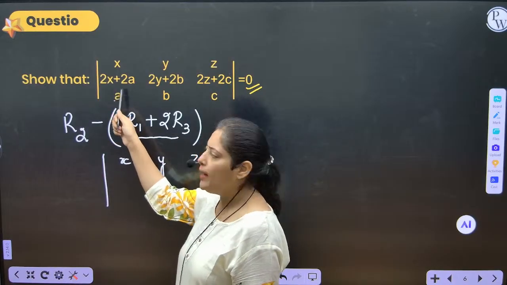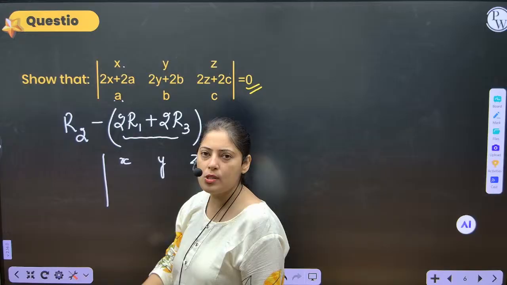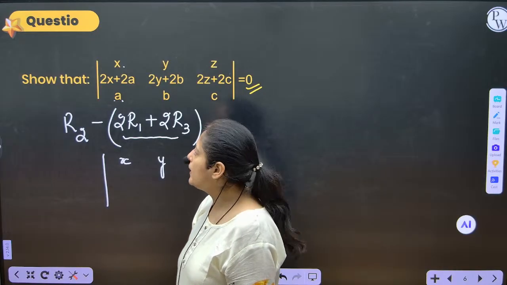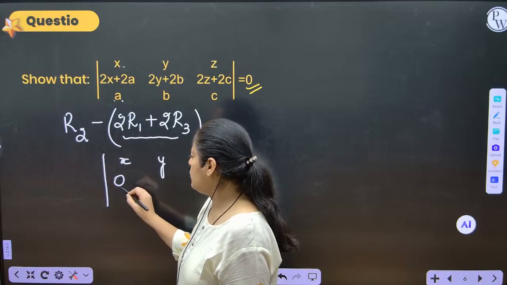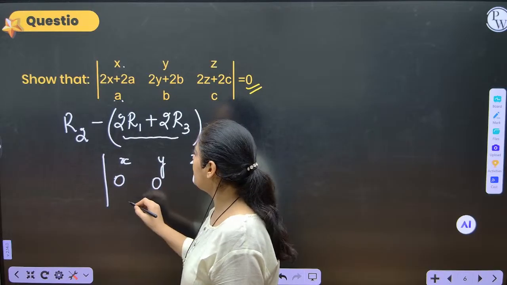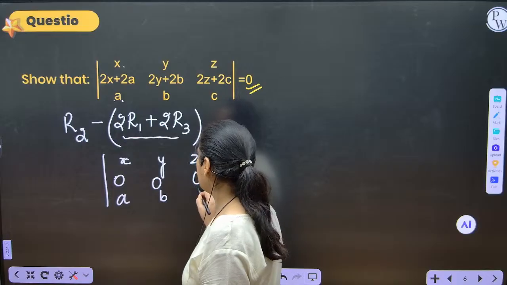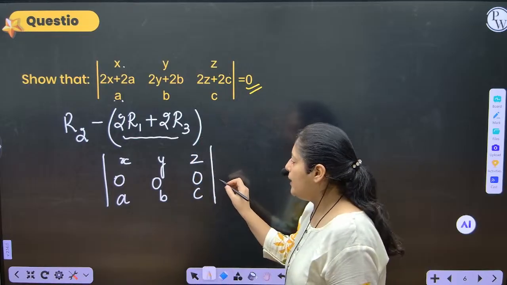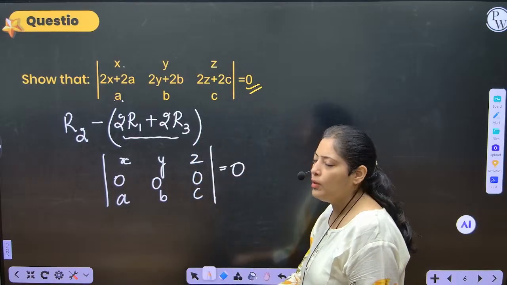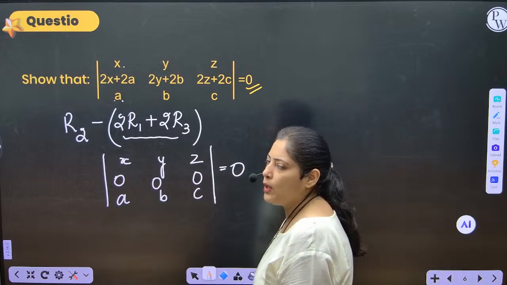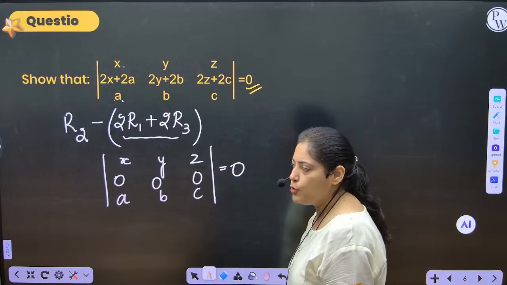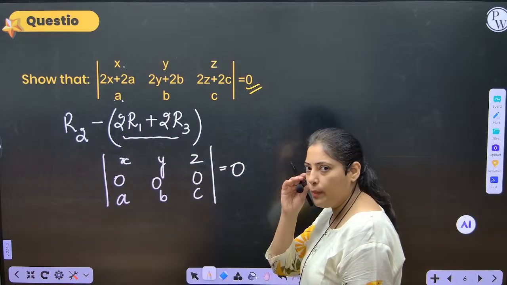When I multiplied these two rows with 2, it was becoming 2x, 2a. So this will come out to be 0, 0, 0, it was coming a, b, c. When any determinant has any particular row or any particular column as 0, the answer will come out to be 0, or the value of the determinant will come out to be 0.